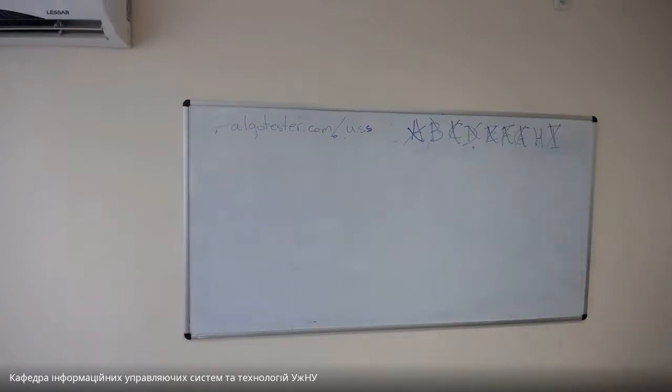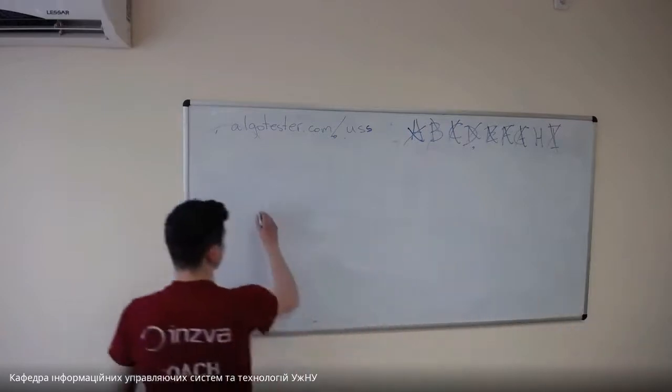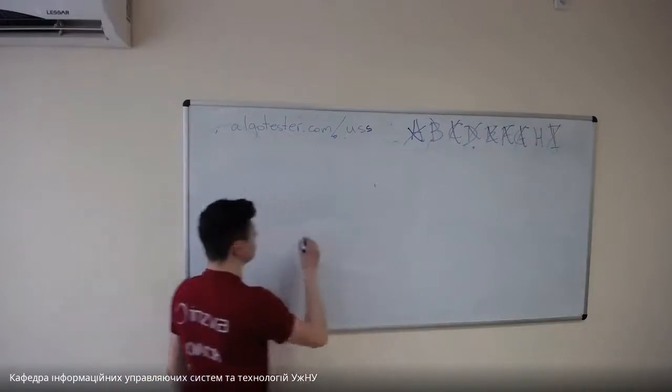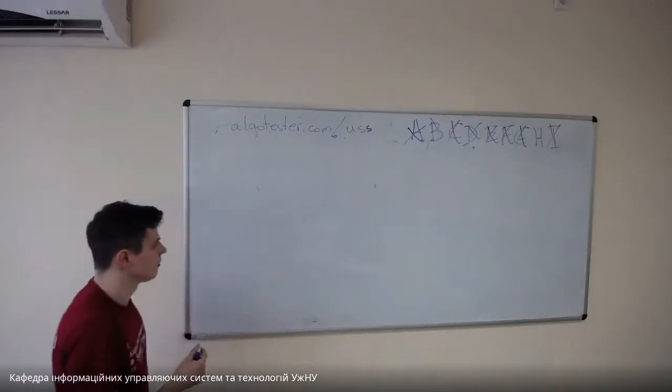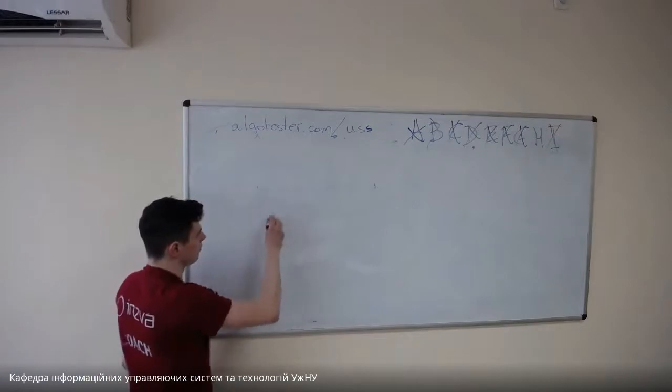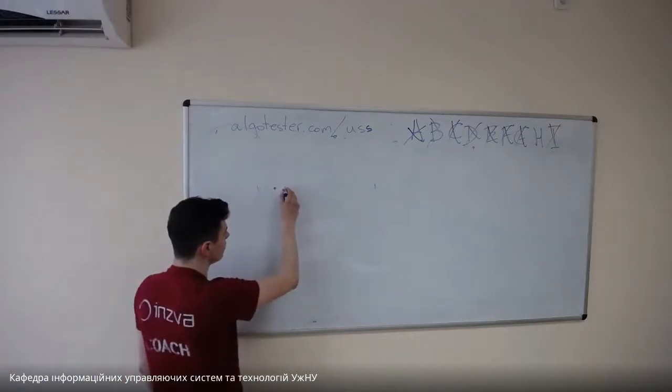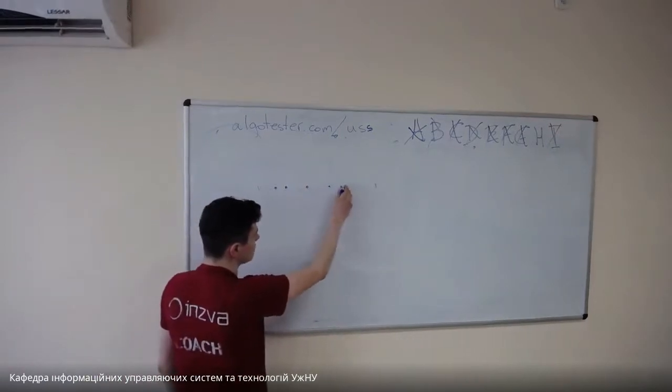So in this problem, you had some number of balls placed on a line, basically, on some cells on the line. They're placed at some positions initially.